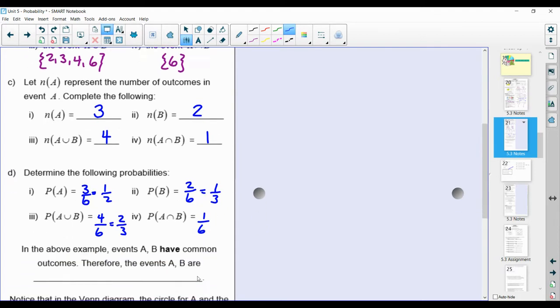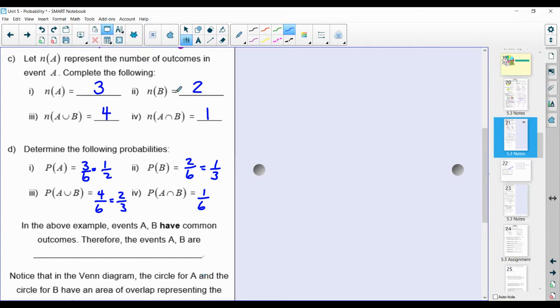Now, this particular example has an overlap. And if there's an overlap, that means they're not mutually exclusive. So you'll see me write it as not ME.